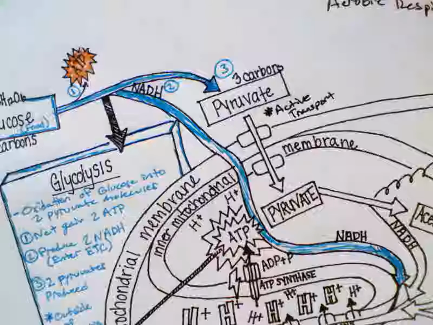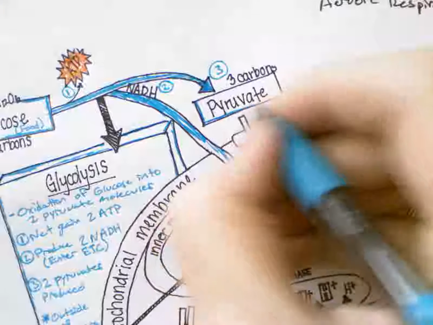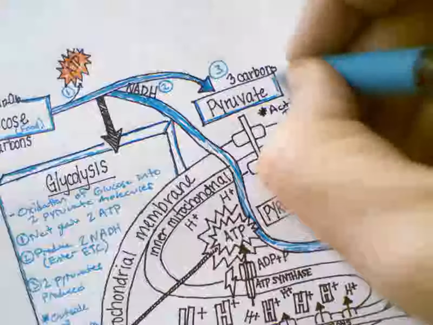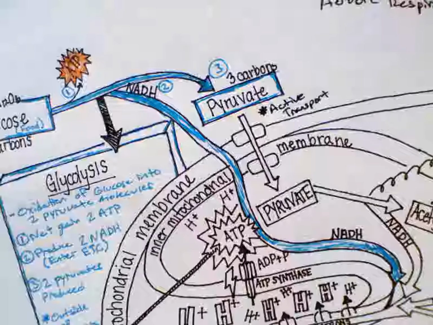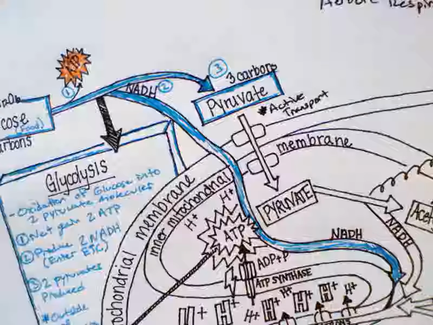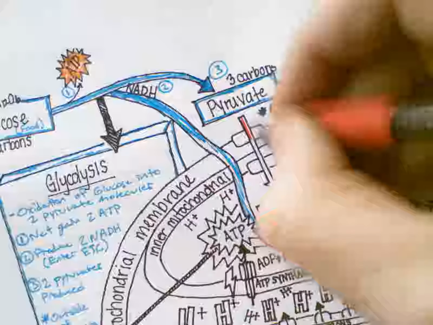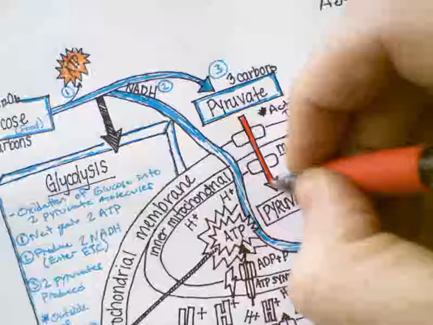I'm going to go ahead and outline our pyruvate in blue because this is the end product of the glycolysis pathway. So active transport is then used to get this pyruvate into the mitochondria. I'm now switching to red because everything now is going to take us into the Krebs cycle.